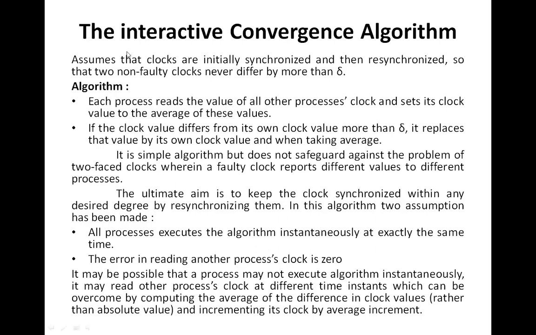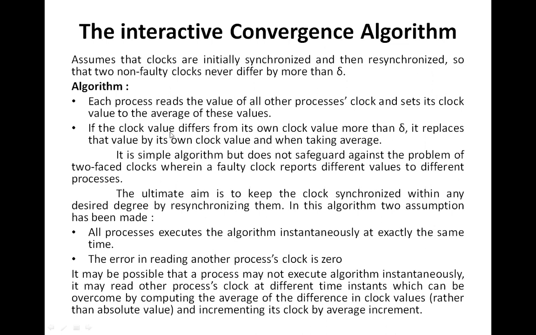Now, what does the algorithm say? The algorithm says that each process reads the value of the other processes' clocks and sets its clock value to the average of these values. So the process reads the other processes' clocks and sets its new value to the average of the values it finds.